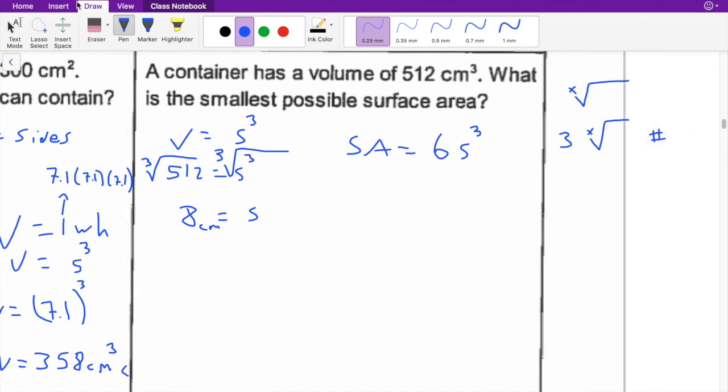Oh no, I was right the first time. S squared. I found my error. So we know that our side is 8. So we're going to do 8 squared first. It's going to be 6 times 64, which equals 384 centimeters squared.